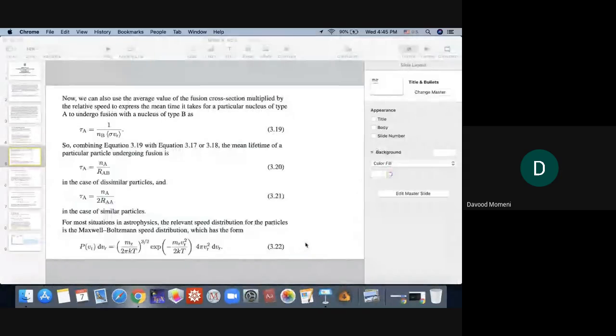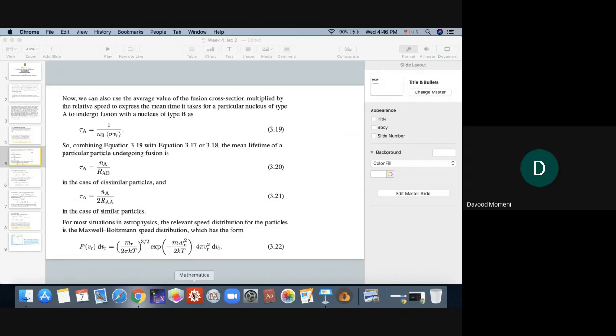Equation 3.22 gives you the number of particles which have a speed between v and v plus delta v. Because you have finally some total number of particles, you can expect the integral of this expression over the whole speed range to be 1.